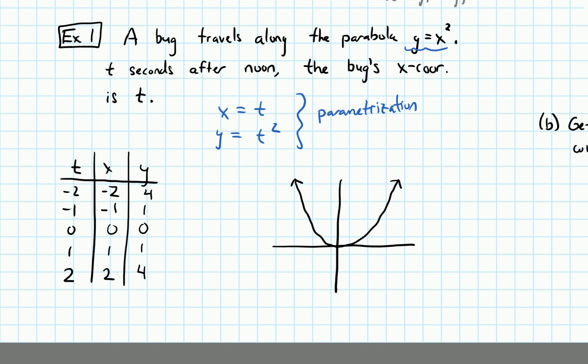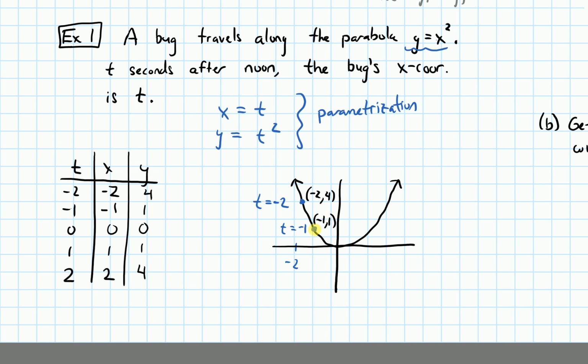So when t equals -2, maybe that's here, and it corresponds to the point -2, 4. That's where the bug is on the parabola 2 seconds before noon. And then at t equals -1, that would be a point here-ish, and the coordinates of that point are -1, 1.